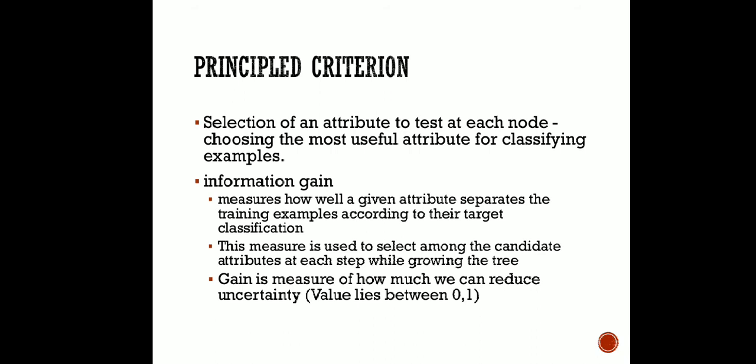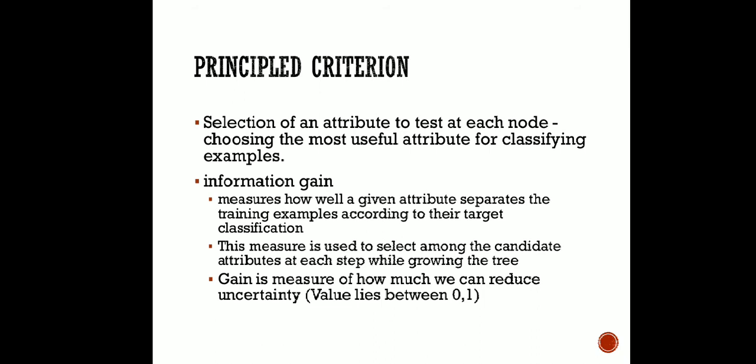Here we have to test the attribute at each node, the one which proves itself to be most useful for classification, meaning the attribute most valuable in generating my decision. So how are we going to find out which attribute is the most valuable one?